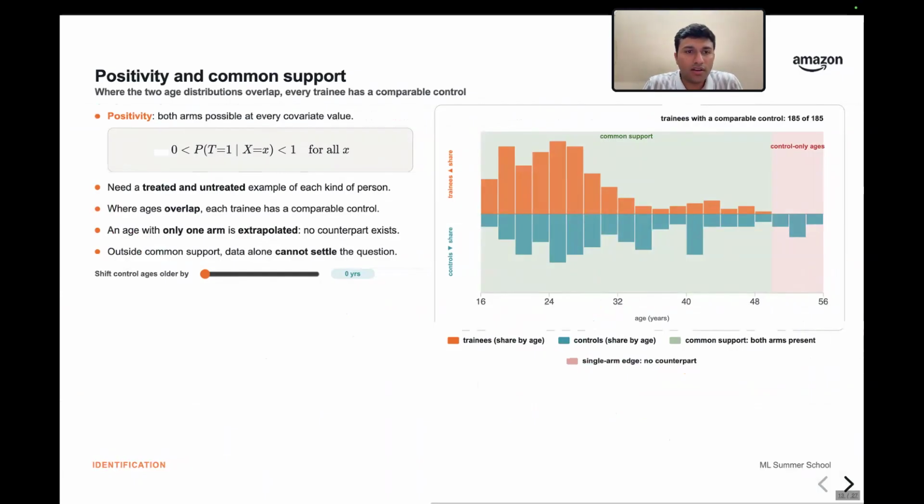The idea here is that let's consider one X, which is age, right? And let's say you have people from age 25 to 50 in the control, but people from age 25 to 100 in the treatment, right? So for the subset of 50 to 100 that's present only in the treatment and not in the control, you'll have nothing to compare against, right?